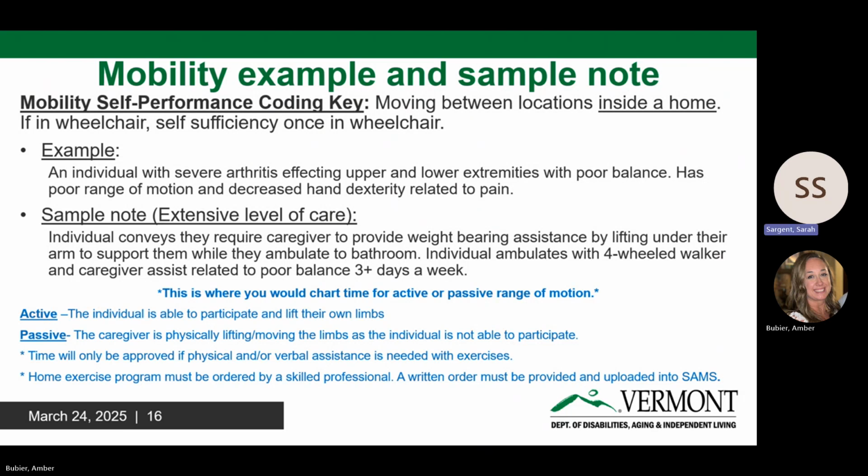Please note that time will only be approved if physical and/or verbal assistance is needed with exercise. Also note that home exercise programs must be ordered by a skilled professional. A written order must be provided and uploaded into SAMS.